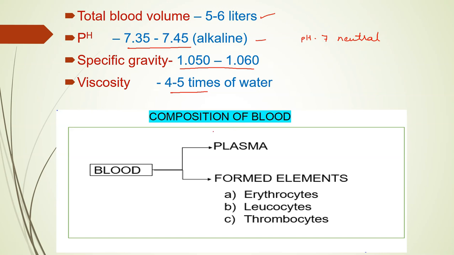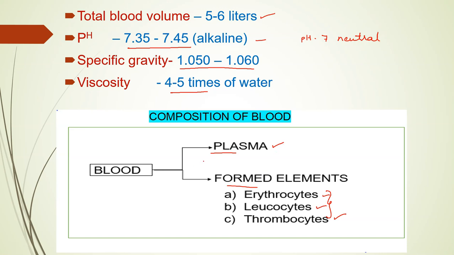Let's see the blood composition. It is mainly made of plasma and formed elements. The formed elements fall in three categories: erythrocytes, leukocytes, and thrombocytes. If we eliminate these formed elements, it is nothing but plasma.